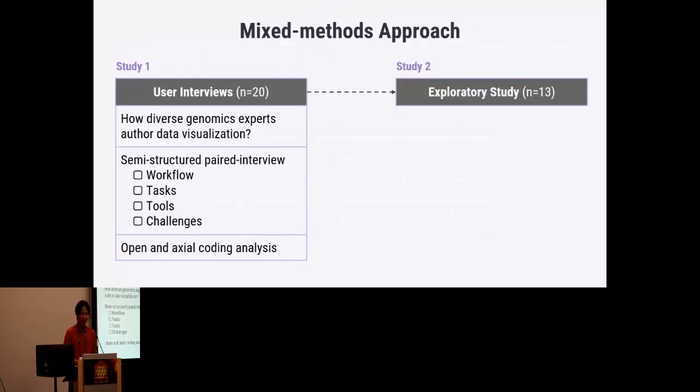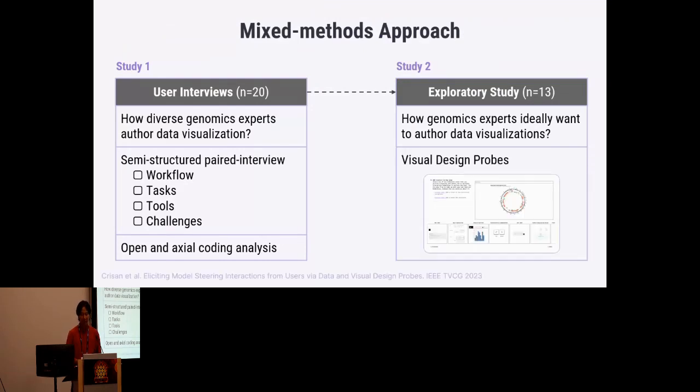So in the second study, we conducted an exploratory study to understand how diverse genomics experts ideally want to author visualizations. We addressed this question by collecting preferences and perceived usefulness of 6 authoring techniques using a study material called visual design props.